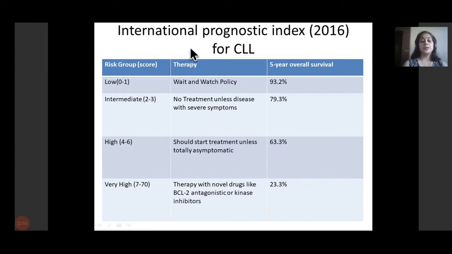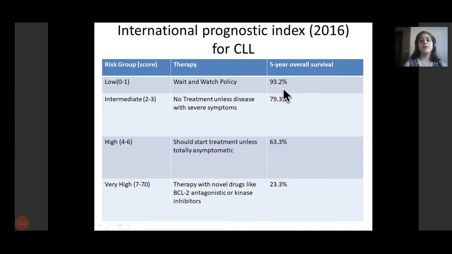Based on the immunophenotyping and the overall stage scoring system, we do the IPI, the International Prognostic Index, which is by WHO 2016. If the total score is low, 0 to 1, we use the policy of wait and watch.